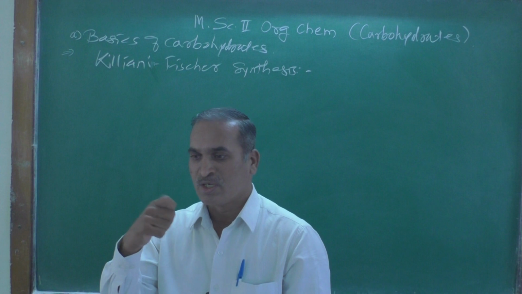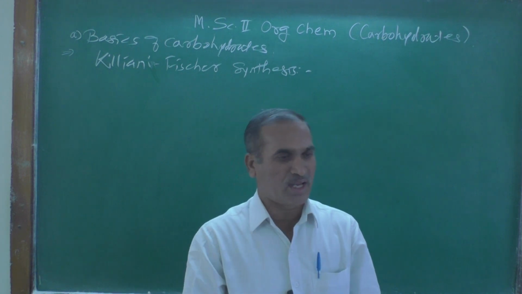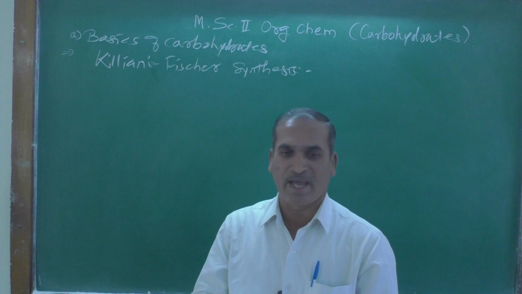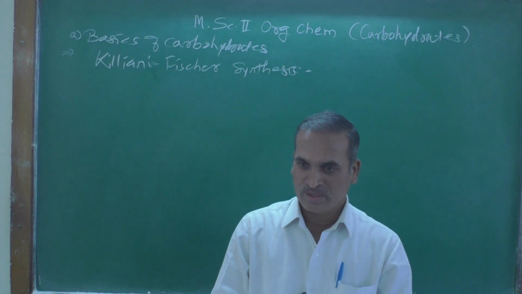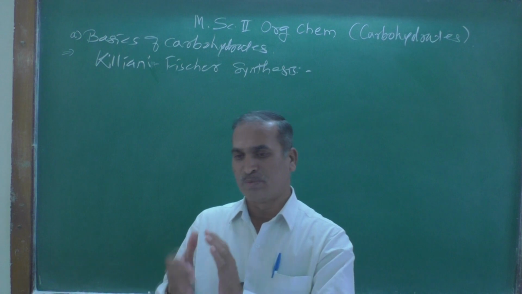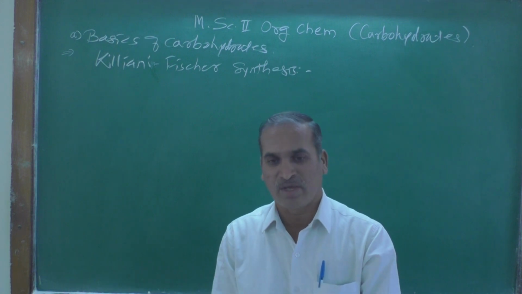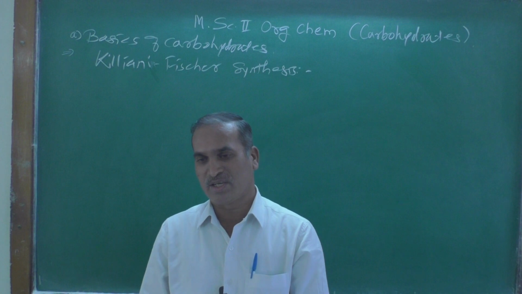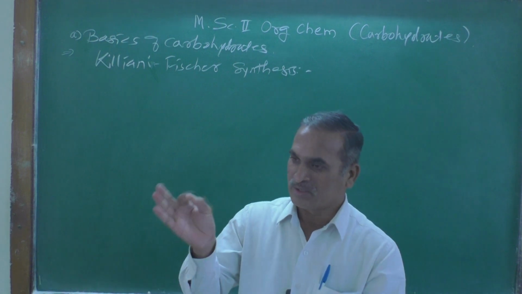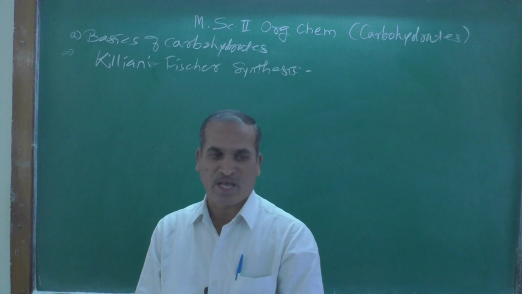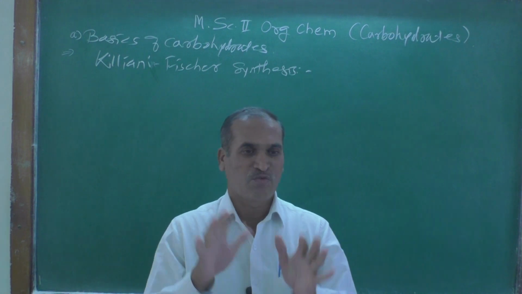phenylhydrazine is utilized. The second molecule of phenylhydrazine is used to oxidize the secondary alcohol into a carbonyl group, and when the carbonyl group is obtained, it further reacts with a third molecule of phenylhydrazine and produces the product known as osazone. Osazone is a derivative formed with the help of phenylhydrazone.